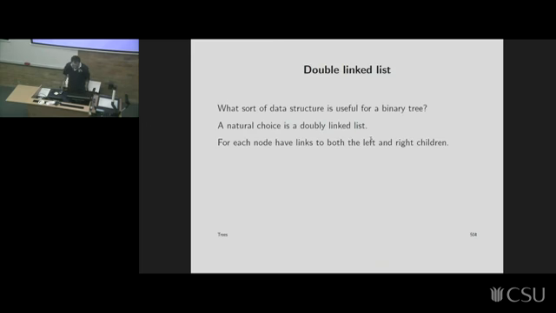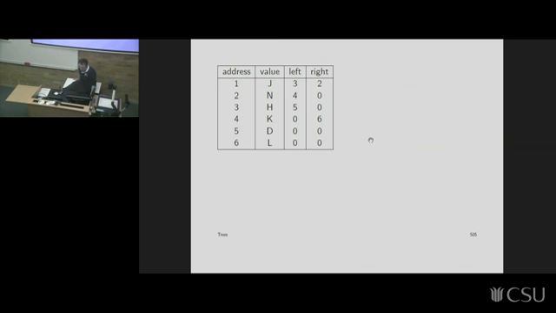Okay, so in terms of data structures, a good way of representing these. Basically, the way to represent a binary tree is to have a data structure for each node, and the data structure for the tree really is just the root node, and each node itself.